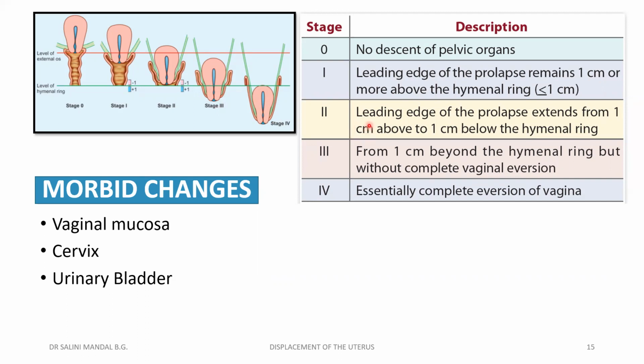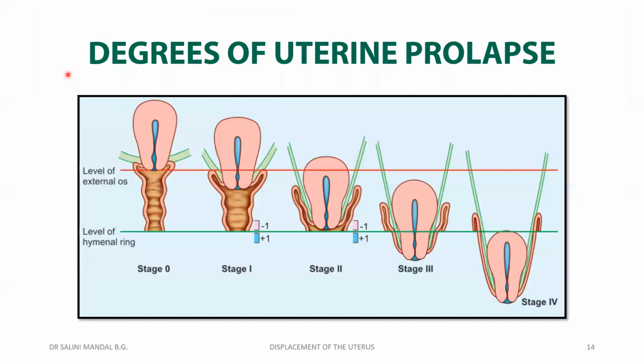The first one, the uterus descends down from its normal anatomical position. You can see the picture over here. So this is a normal one. Here you can see the uterus descends down from its normal anatomical position, that is the external os at the level of the ischial spine.